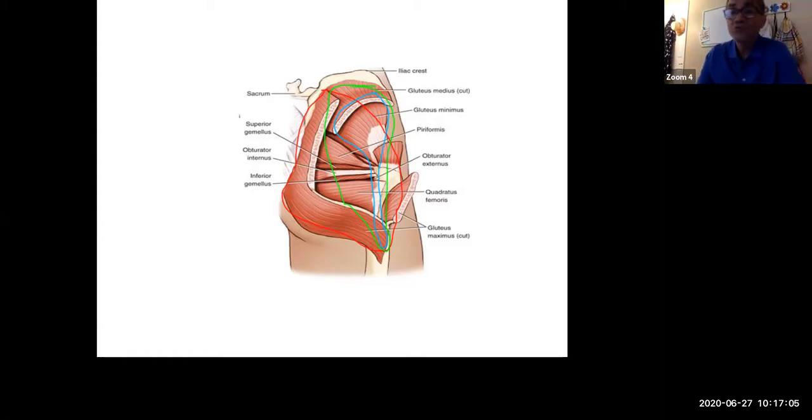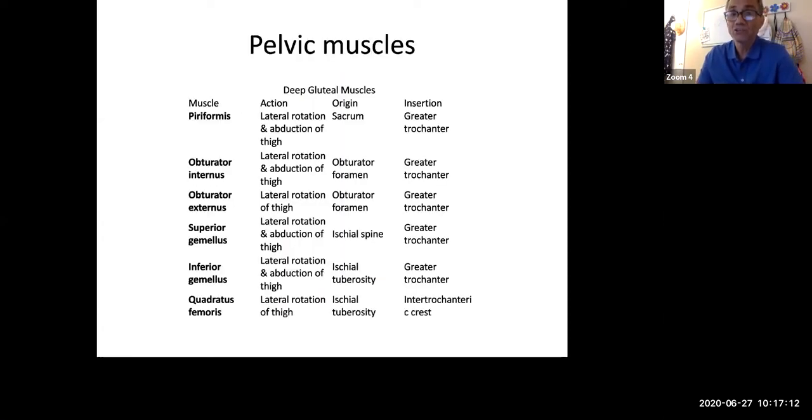If I remove all those gluteus muscles, I am going to see another set of muscles, located just deep to the gluteals, meaning you have to take out the maximus, the medius, and the minimus in order to see them. The first one is piriformis, then obturator internus, obturator externus, superior gemellus, inferior gemellus, and quadratus femoris.